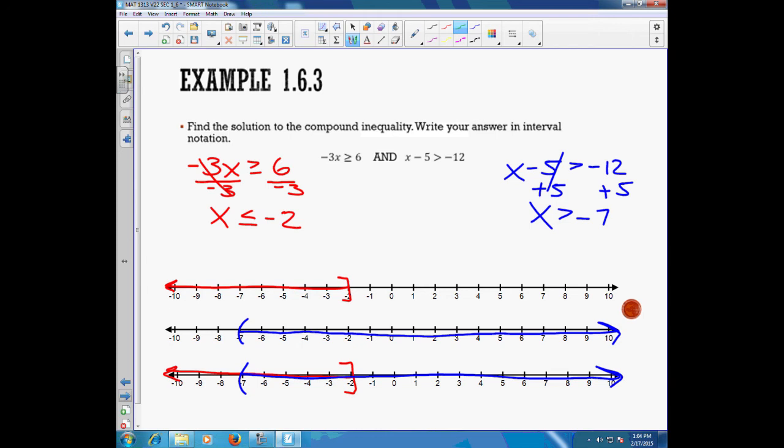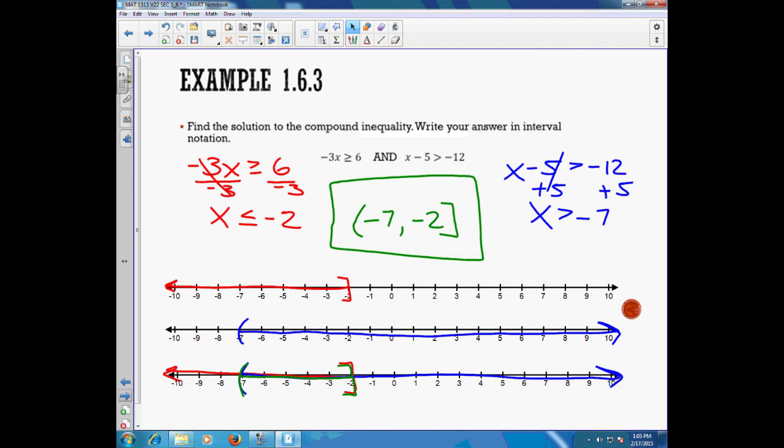And so here we can see they overlap from negative 7 to negative 2. And so in interval notation, our solution would be parenthesis, -7, -2 with a bracket. So when you're dealing with AND problems, you're looking for where the two lines overlap.